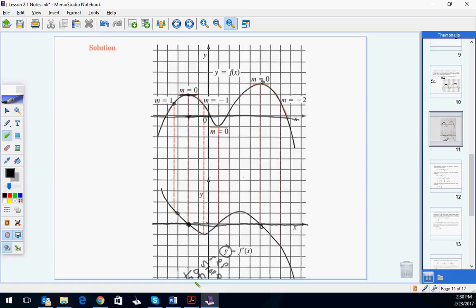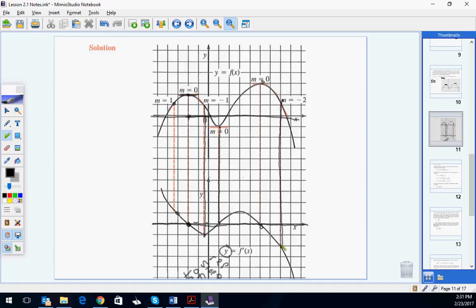Okay, so then look at this here. Right here, this spot's -1. So if I draw this red line down here, that's at -1. This spot here, 0. That's why this spot here is at 0. Where's another one? This spot here is at -2. So I go down here. That's why the graph's at -2.